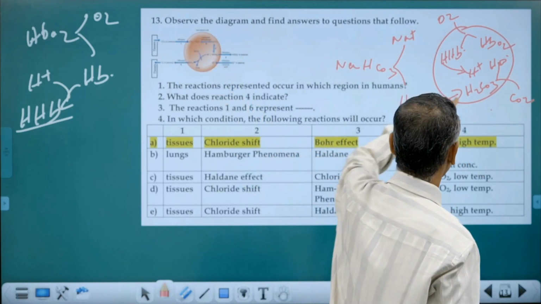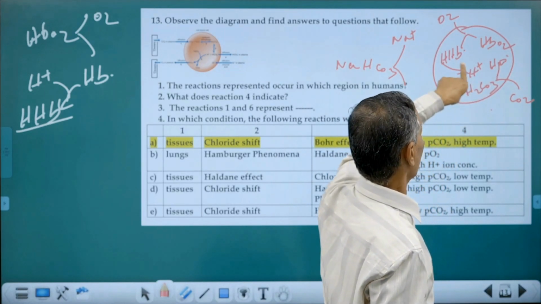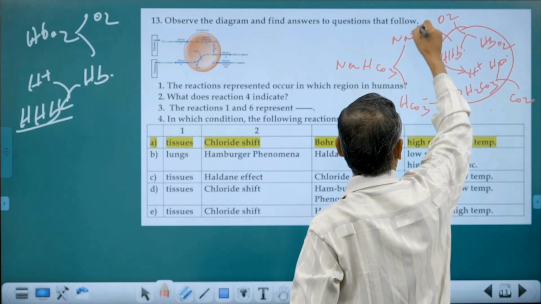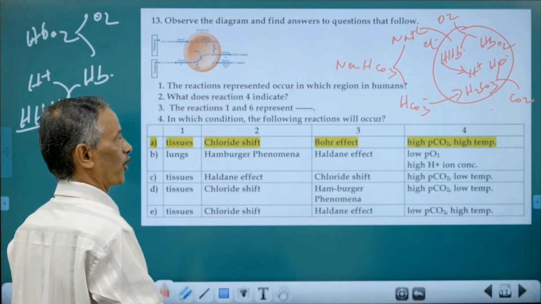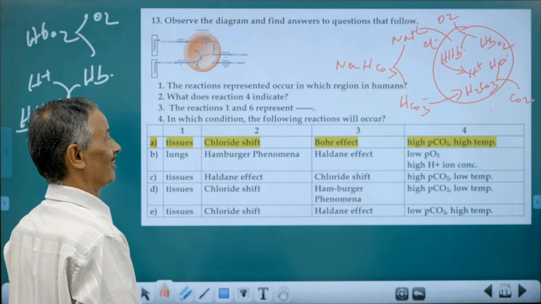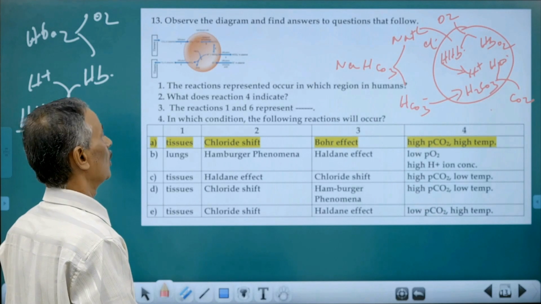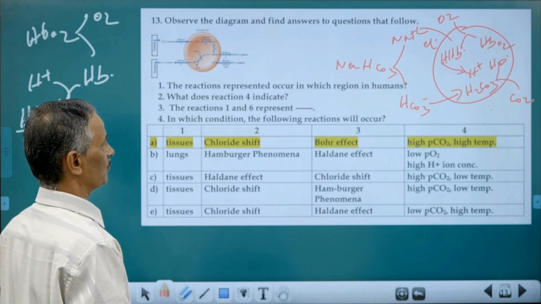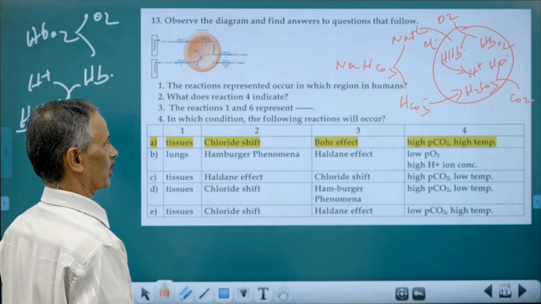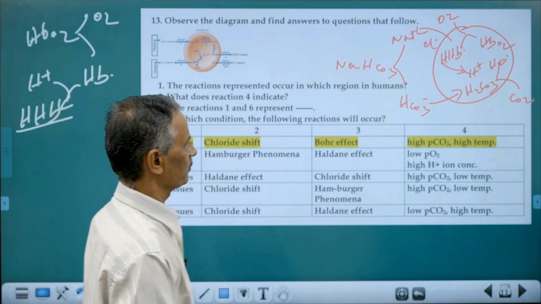Here bicarbonates are getting in, negative charge ions getting in, and an equal number of chloride ions escape out. This chloride ion now combines with the sodium and forms sodium chloride again. This reciprocal exchange of chloride ions and bicarbonate ions between plasma and the RBC during carbon dioxide transportation is called Hamburger shift or chloride shift.